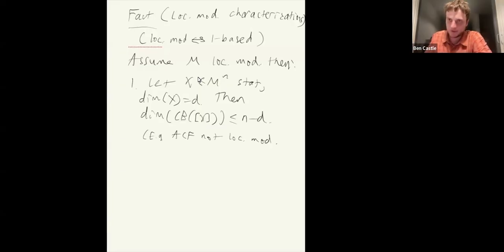And well, we've already seen this, because you can take the collection of degree D varieties, if you want, in M to the N, which is arbitrarily large.